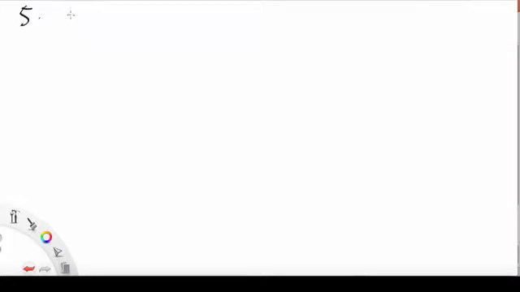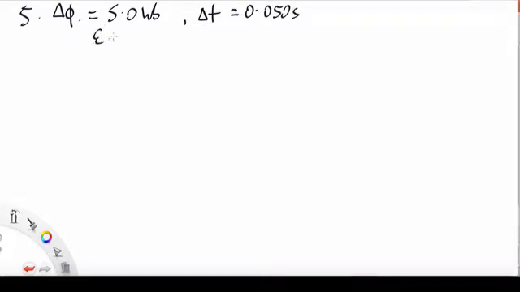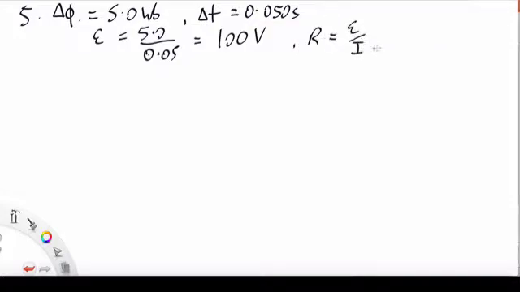Now, question 5, we have a change of flux of 5 Webers. We have a time interval of 0.05 seconds. So EMF is 5 over 0.05, which is going to be 100 volts, and the resistance is just EMF over the current, which is 5.3 ohms.